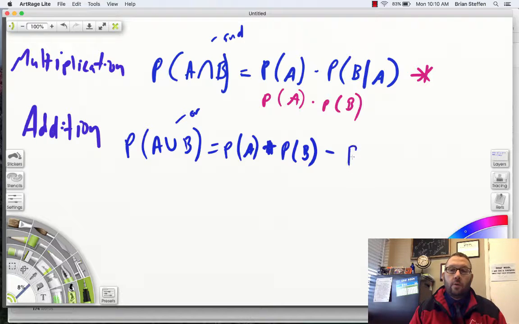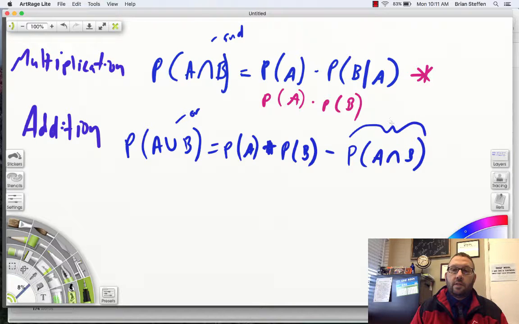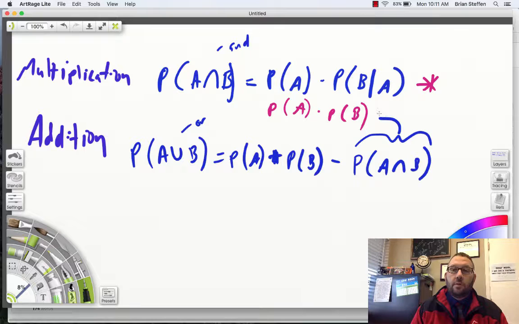So where they both happen, we have to get rid of that once. So we have to subtract the probability of A and B. And remember, if they're independent, then I can use this equation. If not, or if I don't know, then I'm always going to use the top equation.